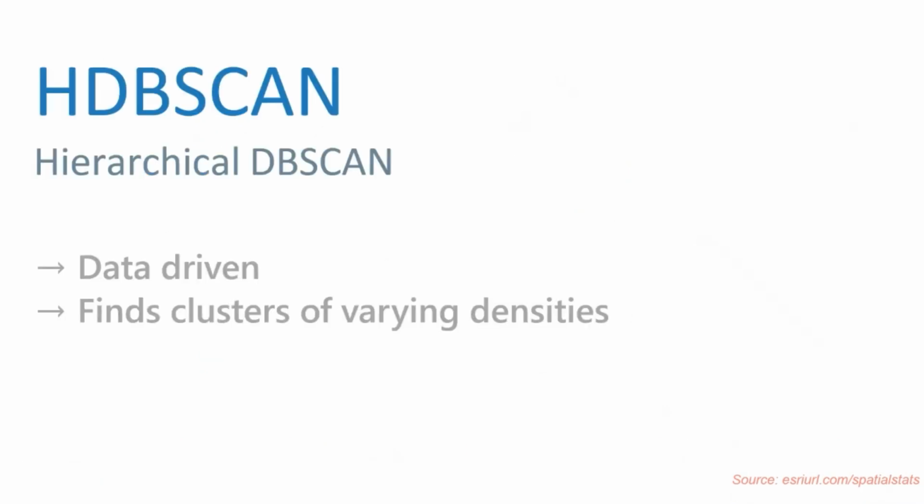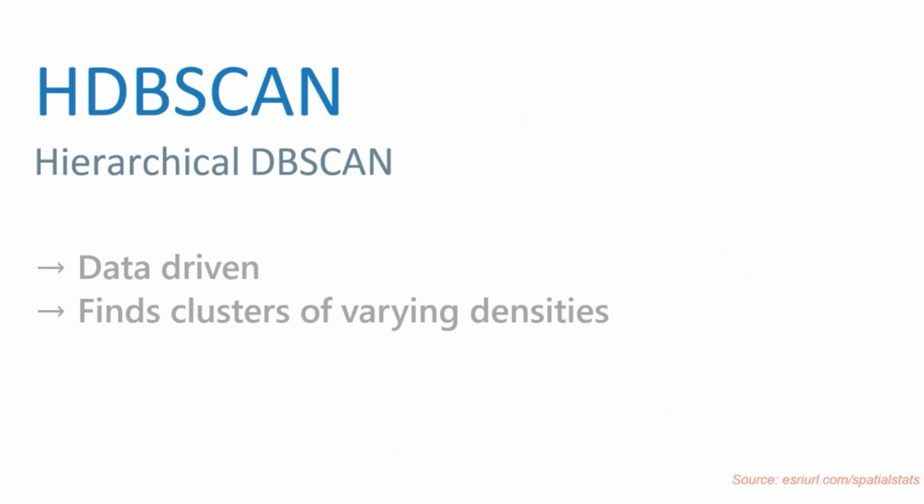Moving to HDBSCAN, also known as hierarchical DBSCAN. In our previous method, which is DBSCAN, the user of the tool needs to suggest the search distance, and the user should suggest the minimum number of features in a cluster. Whereas in HDBSCAN, it is completely data driven.